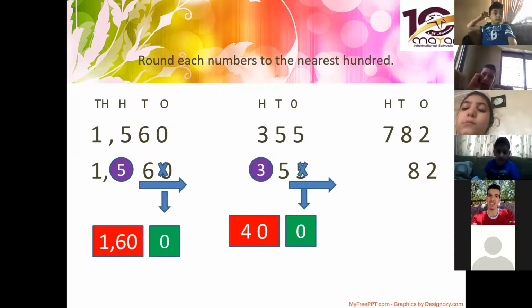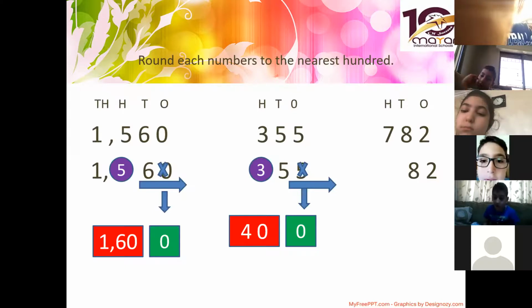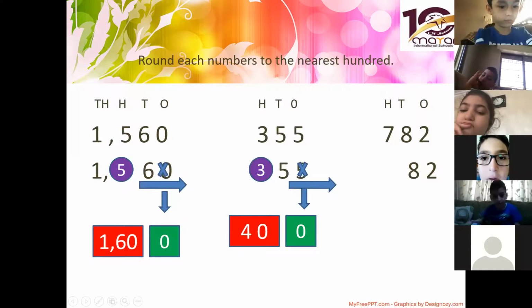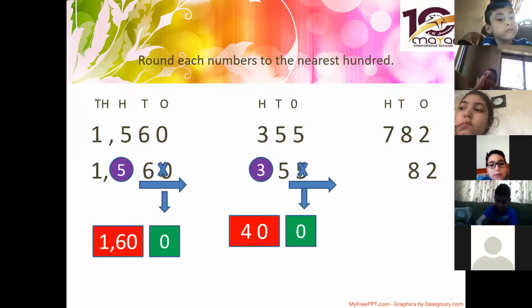Then we go to the tens. Is it more than 5 or less than 5? In this case, it is more than 5. Yes, it is more than 5. Thank you very much. So where do you think it rounds to? 700 or 800? 700.